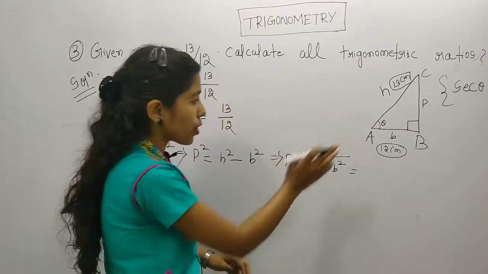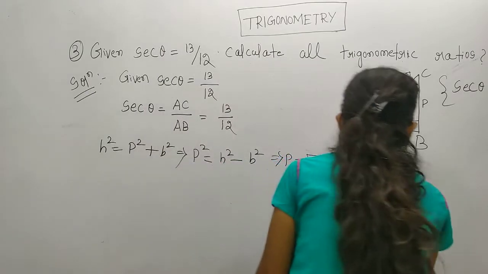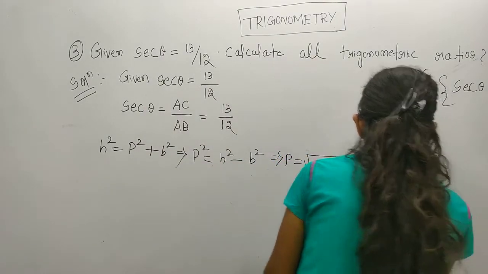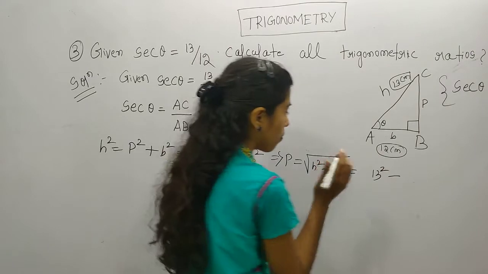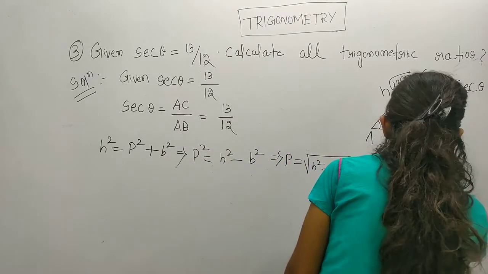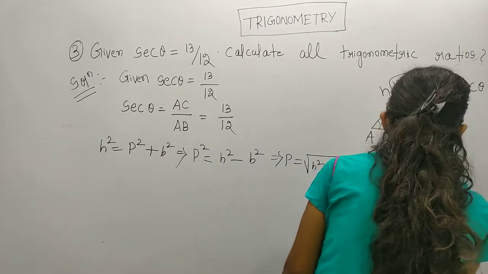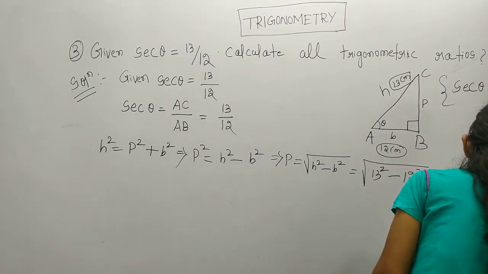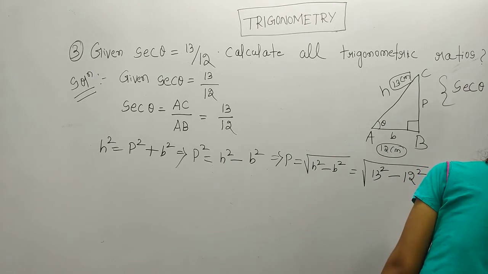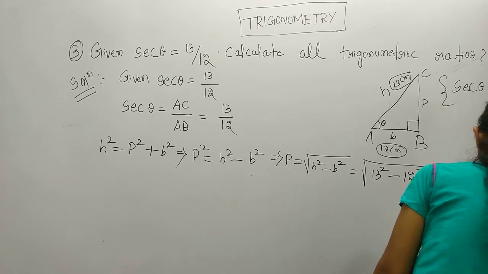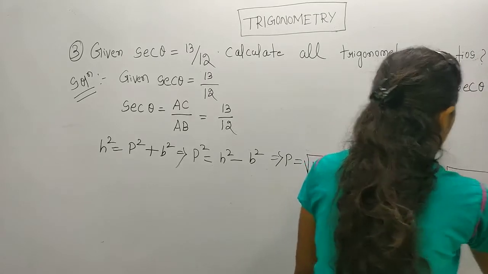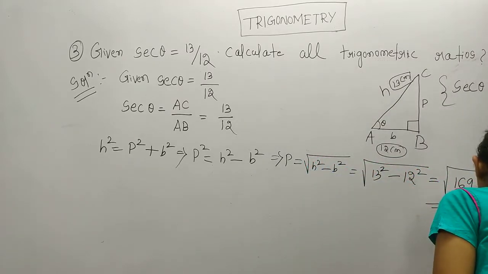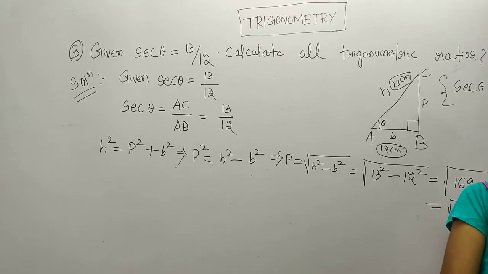So how much is hypotenuse? 13 square minus how much is base? 12 square. We already know 13 square is 169, and 12 square is 144, under root. So 169 minus 144 is 25, and root 25 is 5. So here we will write 5.